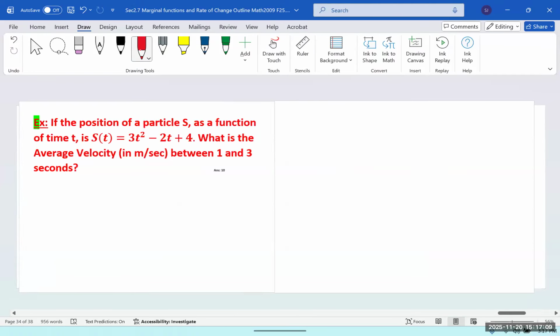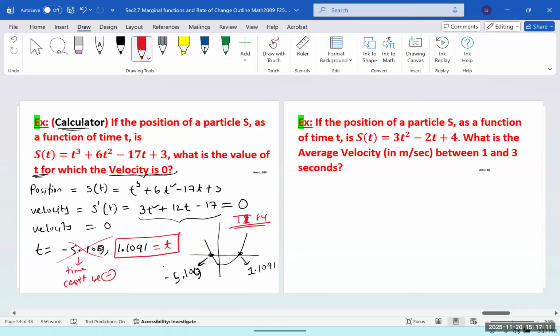Okay, then the last question in this section. The position of a particle is given by s of t equals 3t squared minus 2t plus 4. And this time they're asking for average velocity.